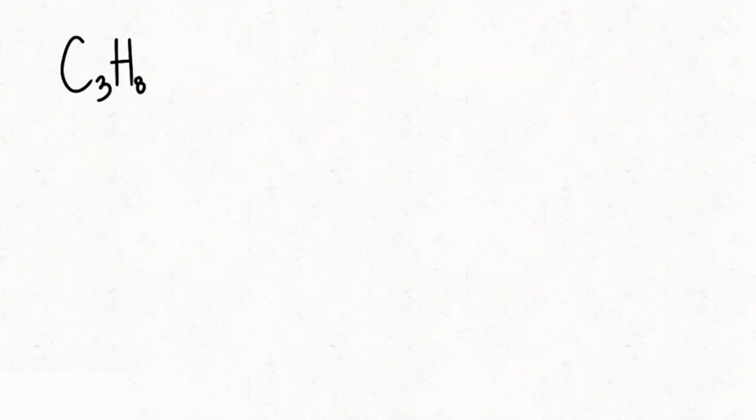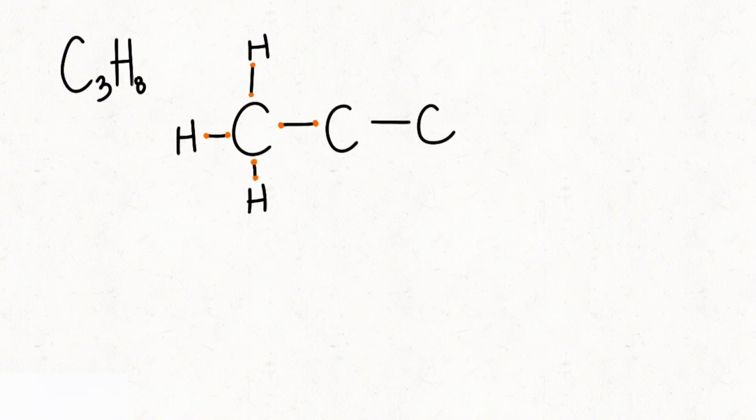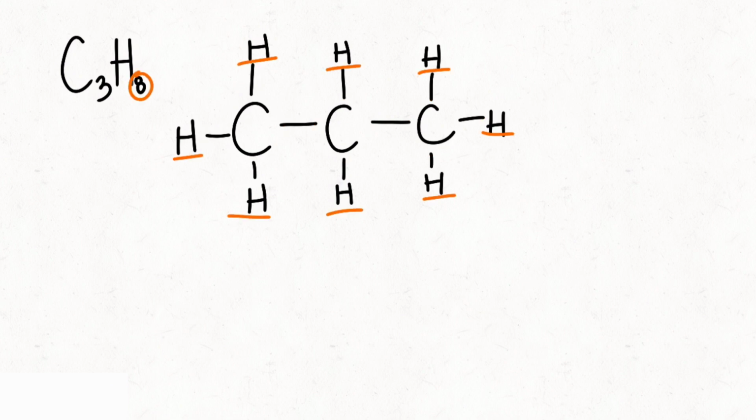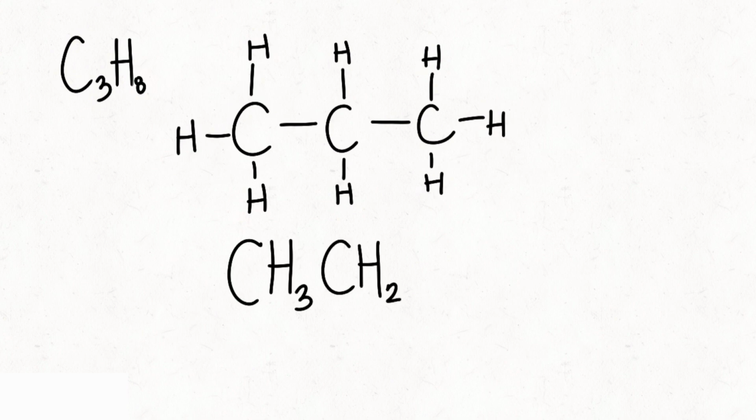We can proceed with the next alkane that has 3 carbons and 8 hydrogens, and then you may count the number of electrons so that you may know if they are following the octet rule. So in this case, we have 8 hydrogens. If we're going to write its condensed form, it should be CH3, CH2, CH3. Because C1 has 3 hydrogens, C2 has 2, and C3 has 3.